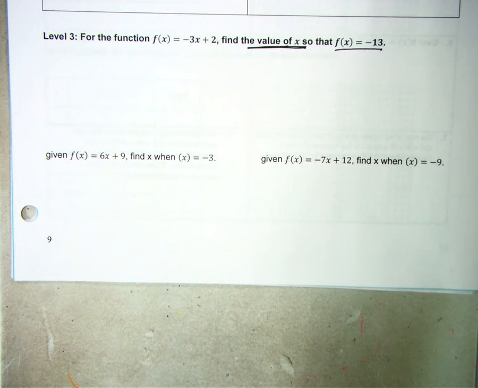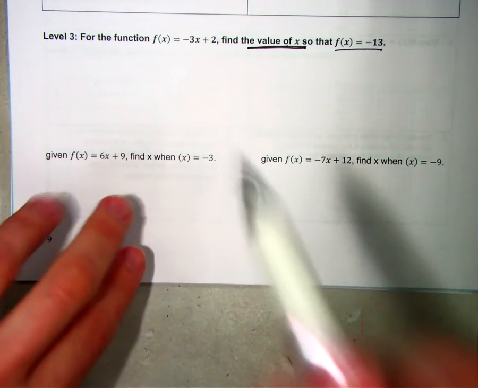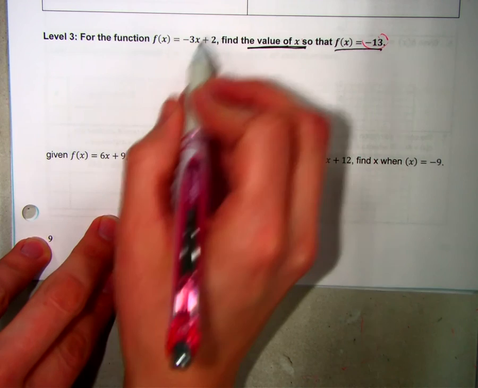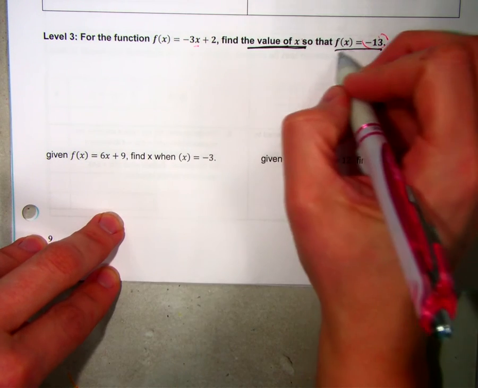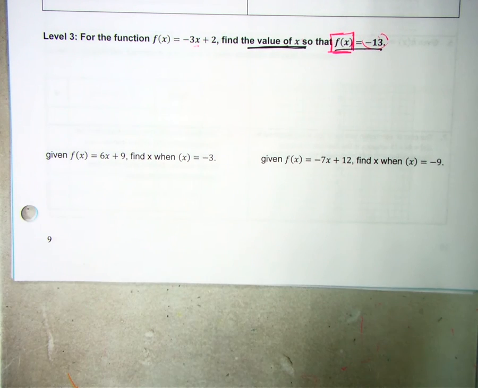Now that seems like it's difficult, but hang on. Here's what just happened. Did I tell you what x is? No, I did not tell you what x is. So you are not taking this number 13 and plugging it in for x. It does not go in for x. It goes in for f of x.